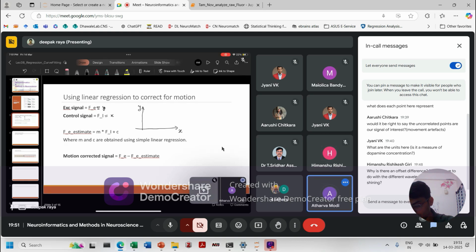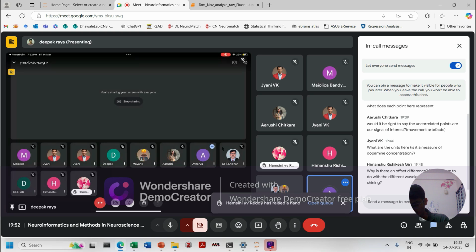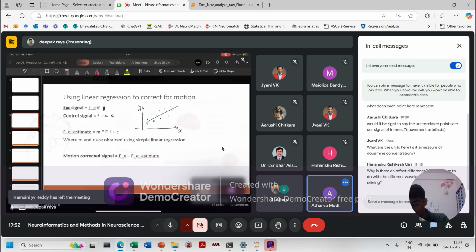Okay, so what we are doing is, let's say we measured something here, here, here. We are trying to find this particular line which is not known to us. What we do in simple linear regression is that we take these error terms.